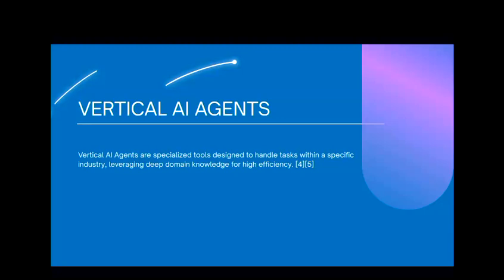And a vertical AI agent is like a baker who has a formal culinary certification. It's good at French pastry, for example croissants. It's really skilled in this particular domain. So this is just a simple analogy for how we can differentiate these three terms, which is quite confusing.